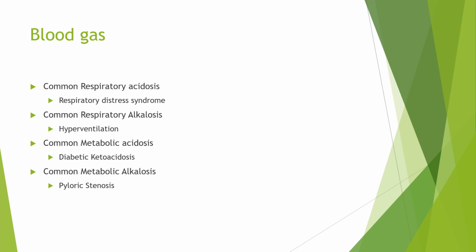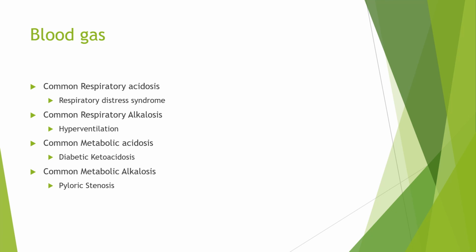So common things that might come up in your exams, common problems we see on the ward, like a common respiratory acidosis picture is respiratory distress syndrome. The baby's up on special care, newborn babies who are struggling to breathe, or babies downstairs who are struggling to breathe because of illnesses like bronchiolitis. They have respiratory distress syndrome, and they commonly have a respiratory acidosis.